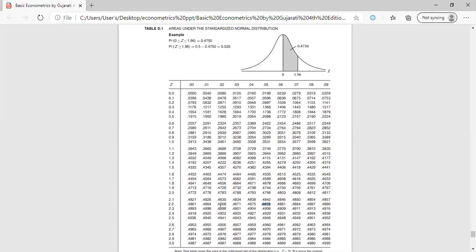The intersection of this row and that column is 0.4878. So 0.5 plus 0.4878. What do you get? 0.9878.